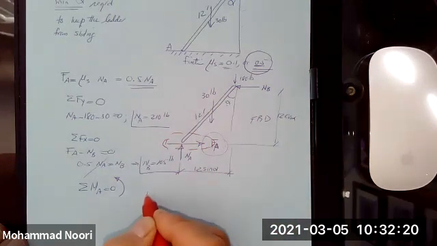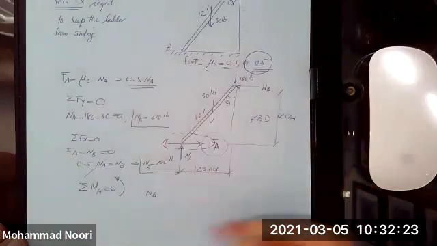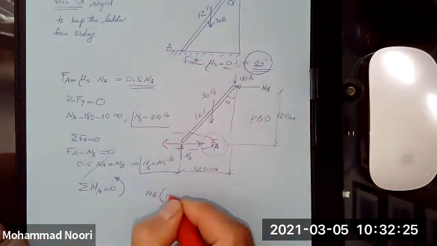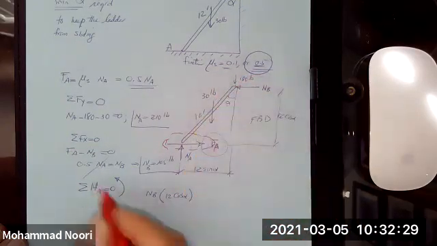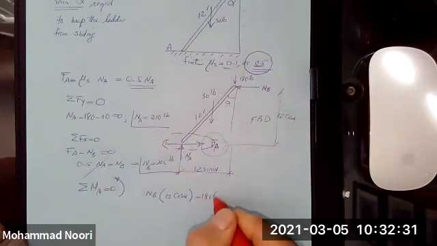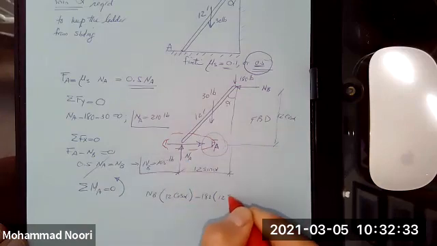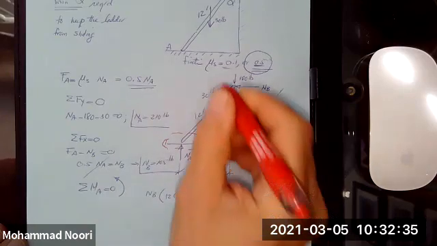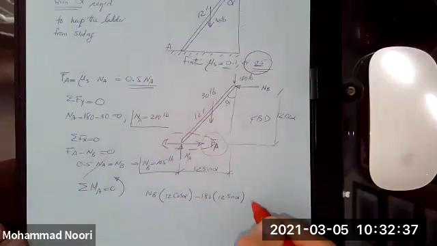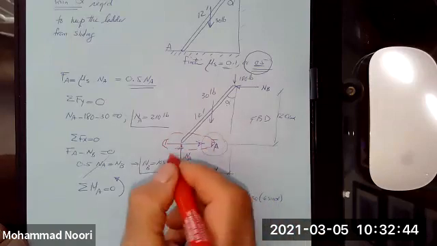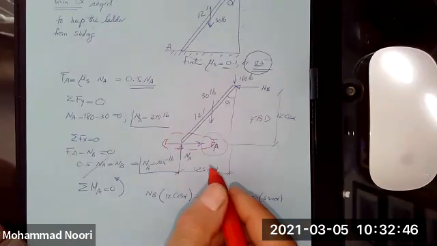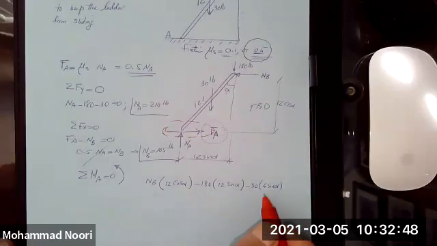So you have NB positive times 12 cosine alpha minus 180 times 12 sine alpha, minus 30 times 6 sine alpha. That's what this distance is. And that's it, equal to 0, okay?